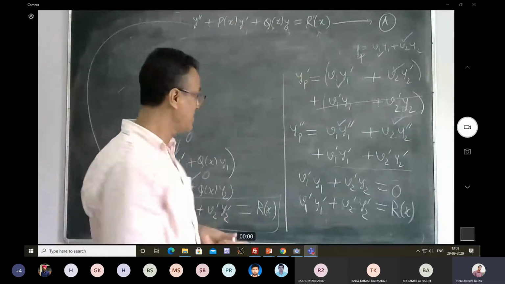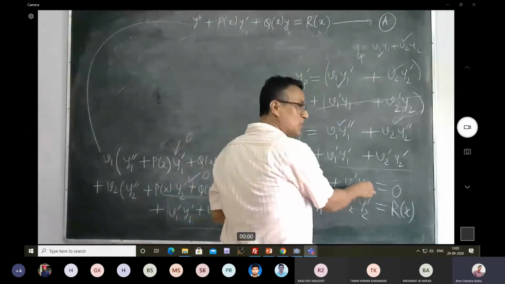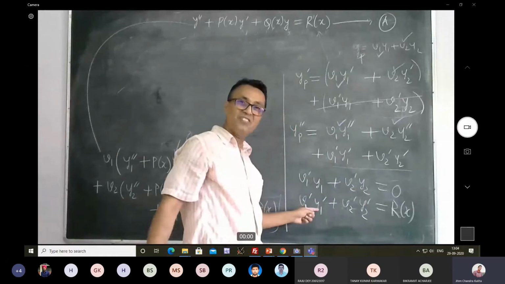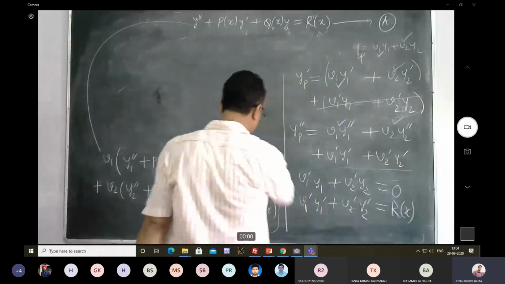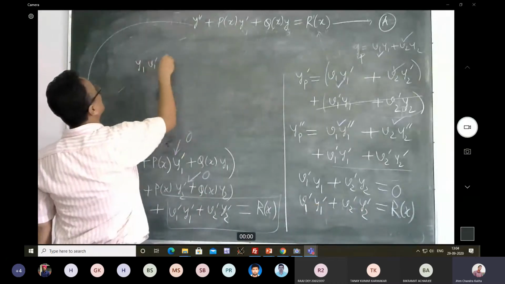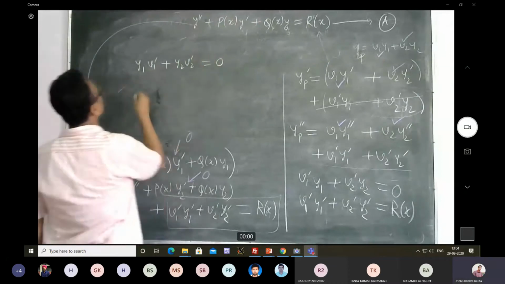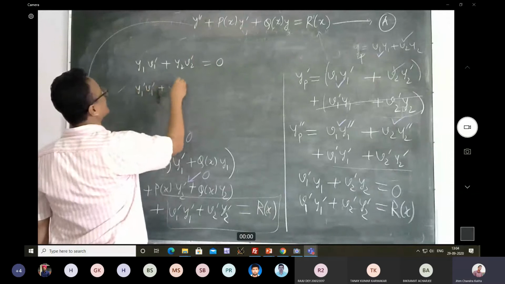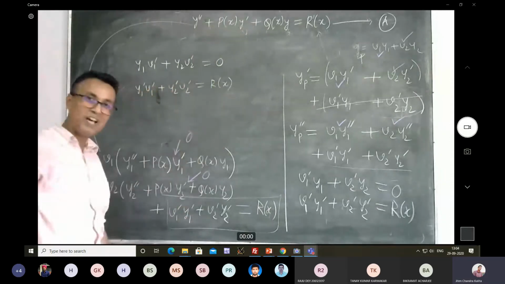But what it is giving me, because y1 and y2 are explicitly known, so as their derivatives, isn't it? Right? So if I know this, then definitely I can have this.